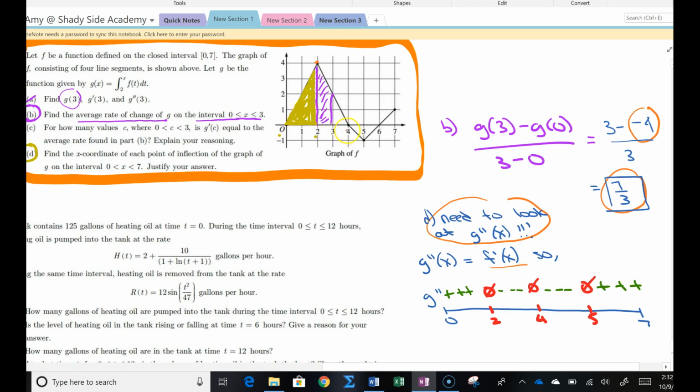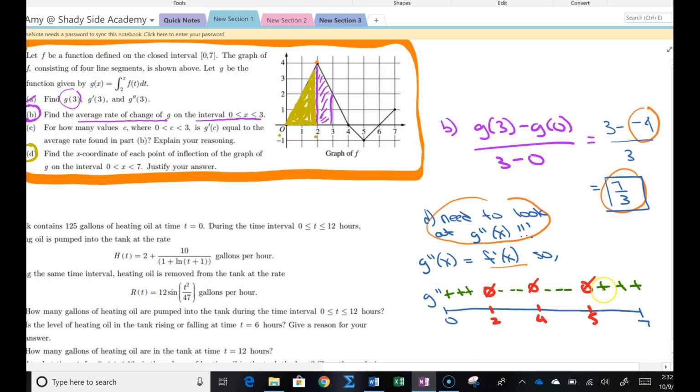At 4, there's also a corner point, and so is there at 5. So you know that f prime is undefined at 2, 4, and 5, or G double prime is undefined at 2, 4, and 5. But G double prime is positive here, negative here, and then positive.